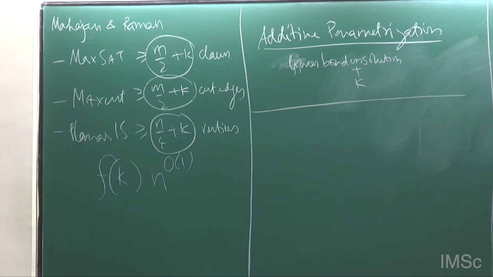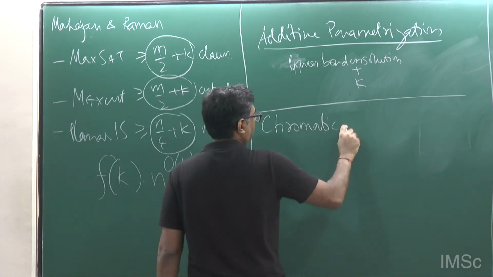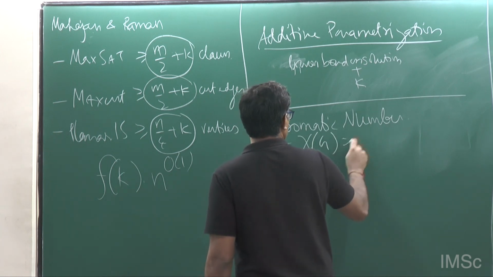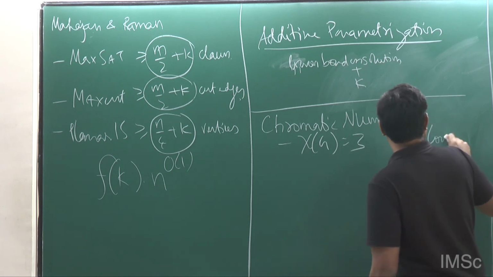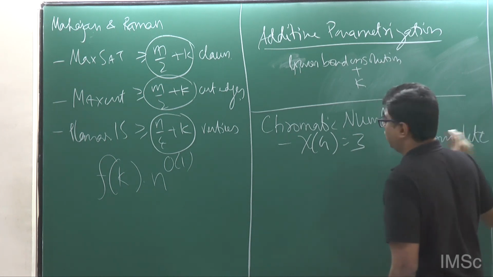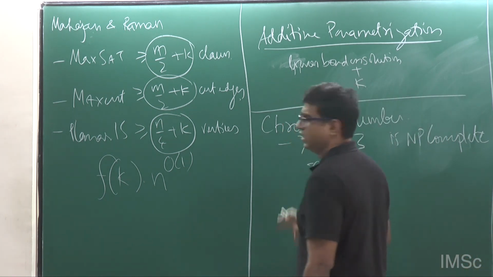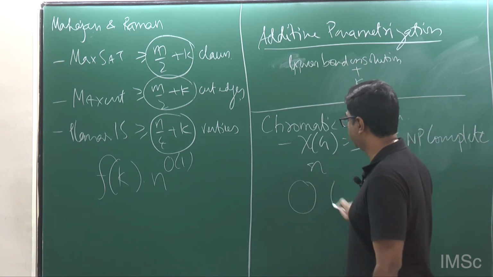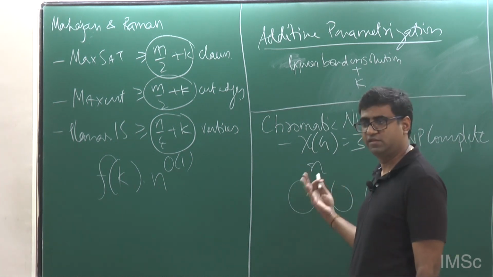Now let's look at the coloring question, chromatic number. We know that testing whether chi(G) is 3 or not is NP-complete. And we have a trivial upper bound on chromatic number of size n. Of course, this upper bound is tight because there is an infinite family of cliques where each needs n distinct colors.